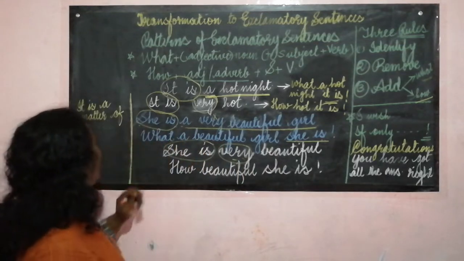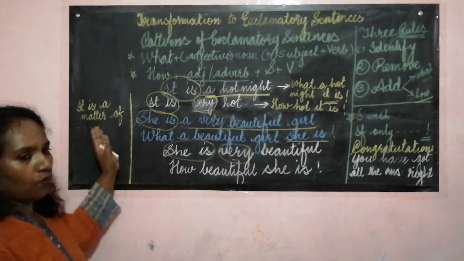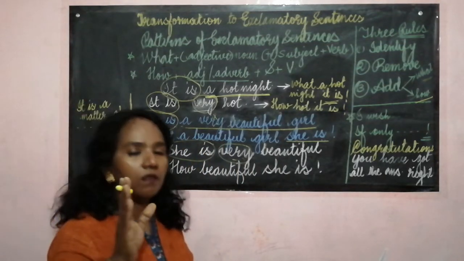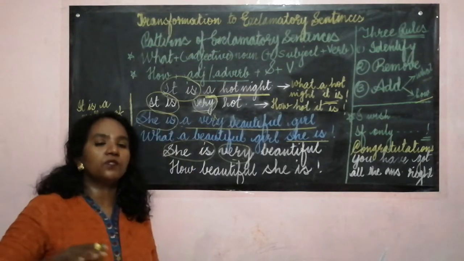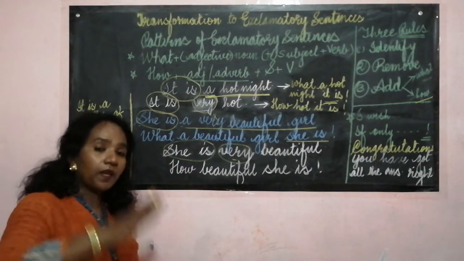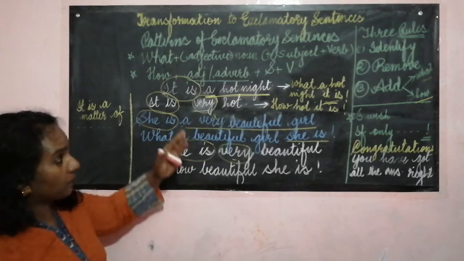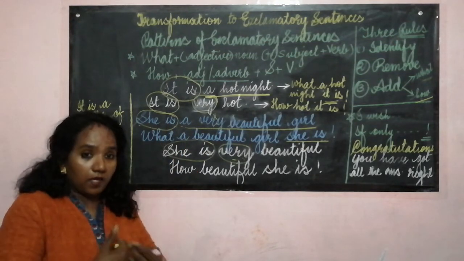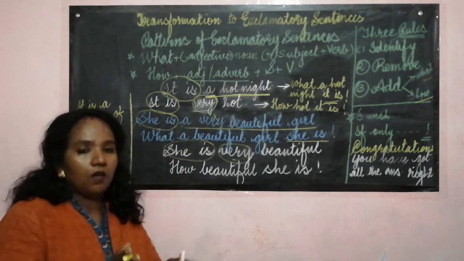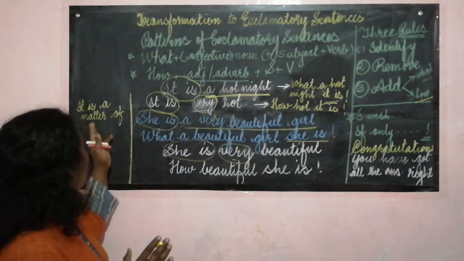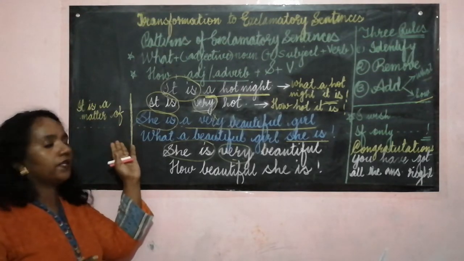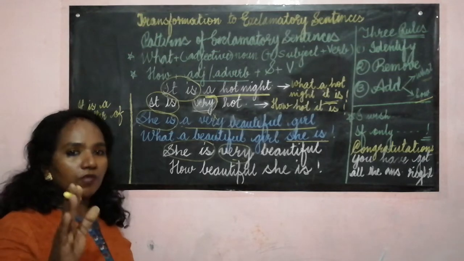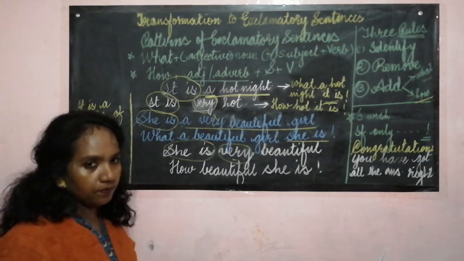Now let us look into one more pattern. It is a matter of. When the sentence begins with it is a matter of, in that case we have to use various exclamatory words, that is, words to express that emotion or feeling. It is a matter of great shame that you treated a poor man like that.